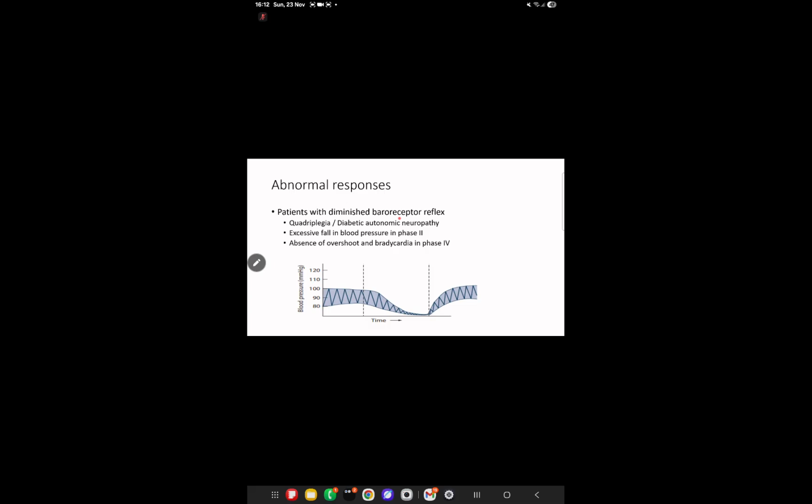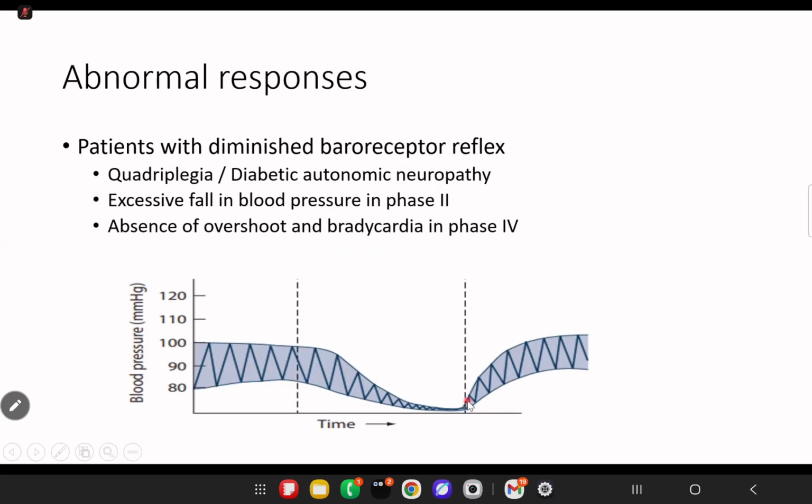So what are the abnormal responses? If you have diminished baroreceptor reflex, like in patients with diabetic autonomic neuropathy or quadriplegic patients, what will happen? Because you don't have the baroreceptor reflex, you are unable to maintain your blood pressure. So your reduction in venous return will not be compensated by increasing contractility of the heart as well as the heart rate.